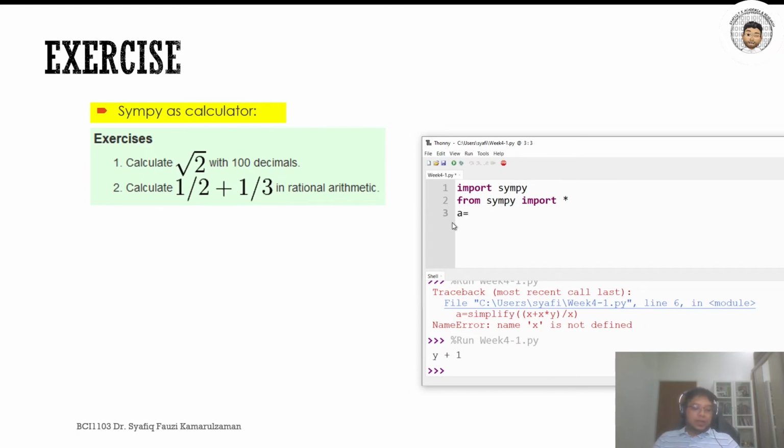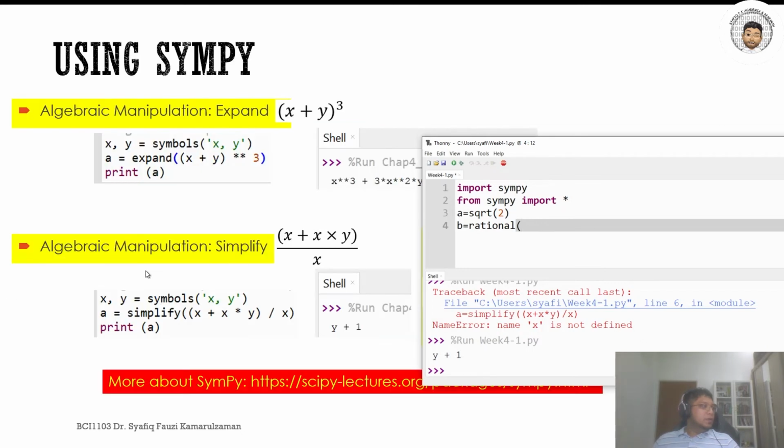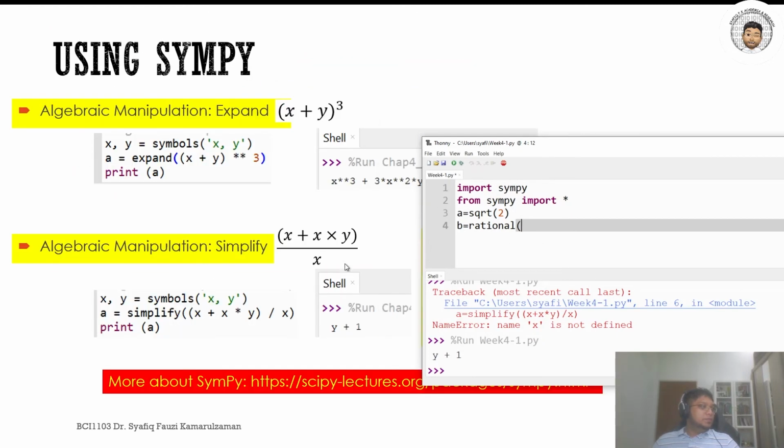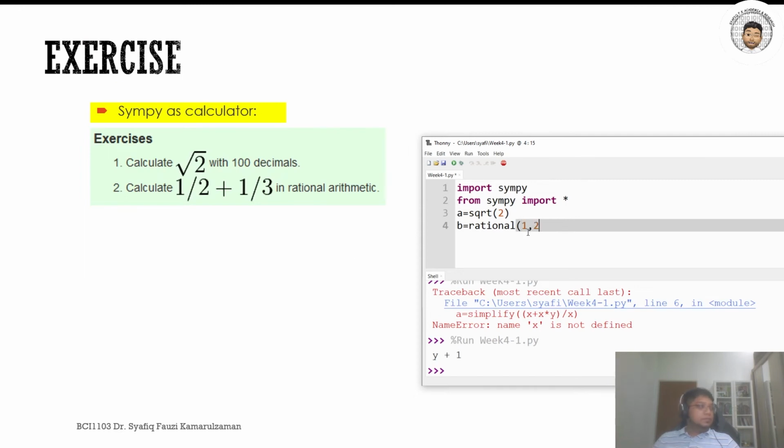Okay, so you can put in a equals square root 2, and then you have b equal rational. I forgot also. So let's refer back to rational number. Okay, so here rational 1, 2 is 1 over 2. Plus rational 1, 3. Okay, let's print A, print B.